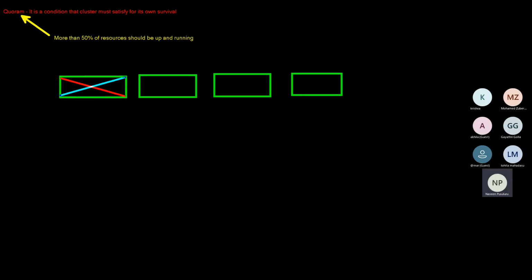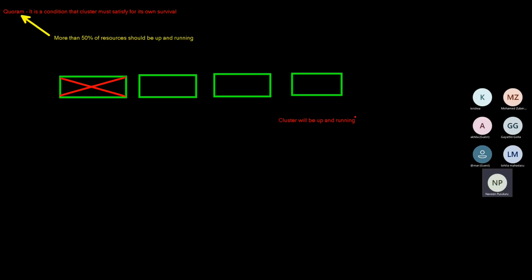One node went down for now, just let's assume that. Then only one node went down. The remaining 3 nodes are up and running, which is more than 50%, right? More than 50% of my resources are up and running, so no problem. The cluster will be up and running with no impact.